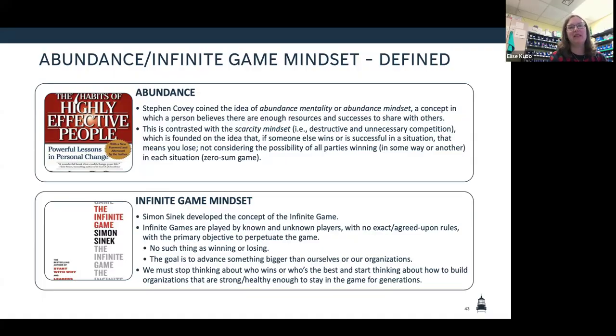That the abundance mindset only really works when everyone participates in it, as opposed to when someone is focused on their own benefit. What I've found is that in most organizations, for those that make it up through the ranks, there are two ways of doing it.